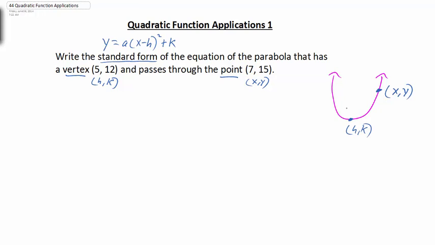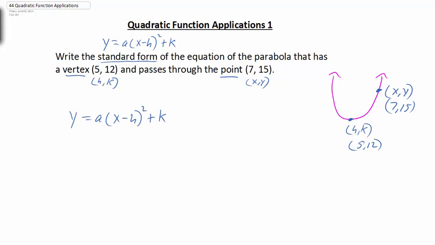And that's just an xy coordinate for (7, 15), some other point that falls on the parabola. So given this point and the vertex, we want to find the equation that represents this parabola. If you look closely at our standard form, y equals a times x minus h squared plus k, what do we need to know?